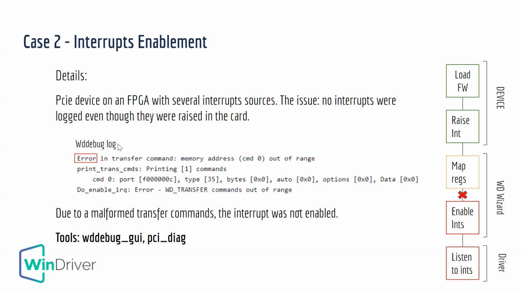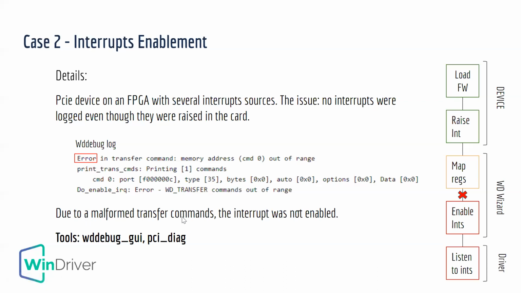Now we need to understand why no interrupts were logged, even though they were raised in the card. Okay, so we asked for the WD debug log, which is the WinDriver's home debugger. And we saw this error in transfer command. The memory address was out of range, and we see which transfer command it is. So this is pretty straightforward, okay? It told us immediately. It could not indicate the interrupt was raised because the transfer command was written or sent to a memory address out of range.